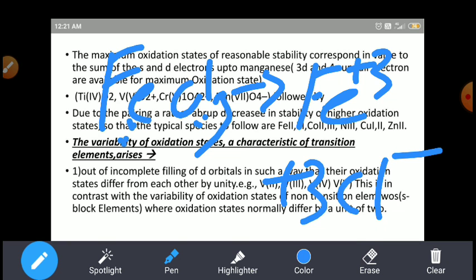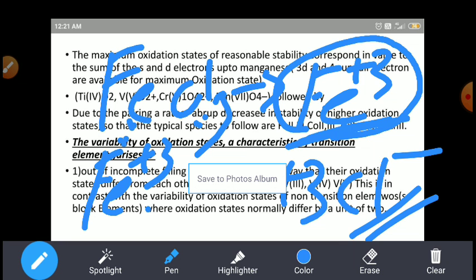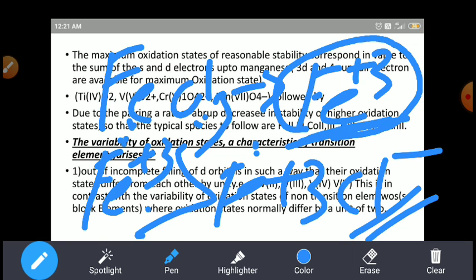Chlorines accept those electrons and oxidize iron. That is why iron in the +3 oxidation state is more stable. It releases three electrons. Fe+3 is more stable because in Fe+3 the d orbitals are completely half filled. It means they are in degenerate form. So that's why it is more stable than Fe+2.